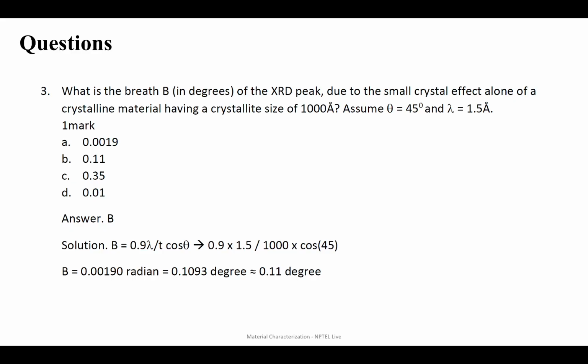So use the formula B equals 0.9 lambda by T cos theta. Lambda is 1.5, T is 1000, and theta is 45. So B will come out as 0.0019 radians, but we are asked in degrees, so we convert to degrees, which comes out as 0.11 degrees.